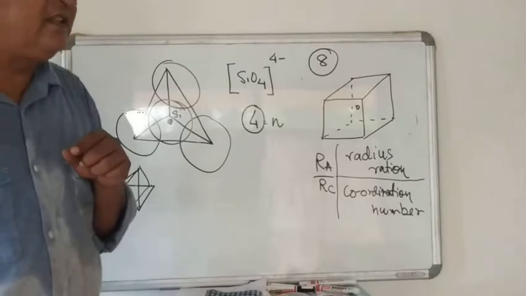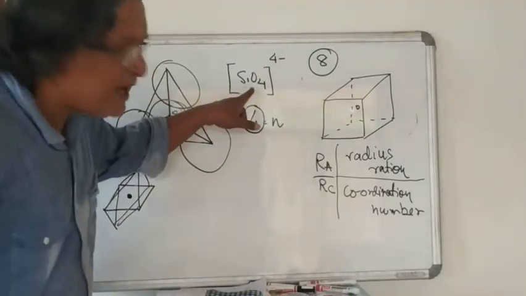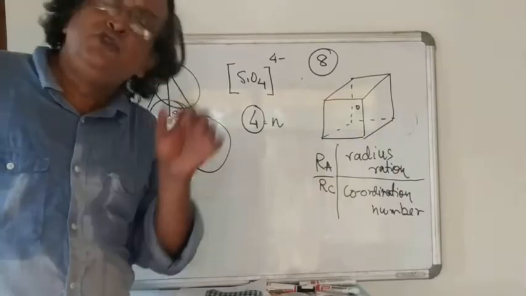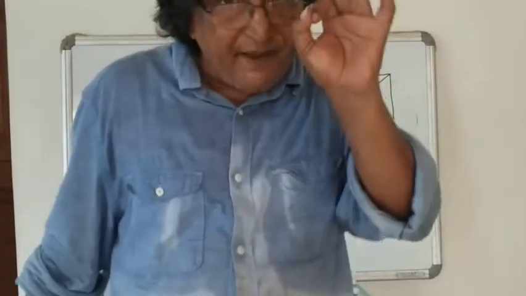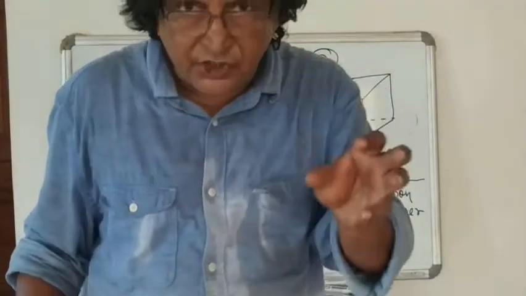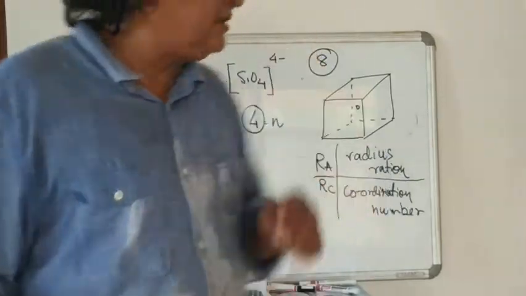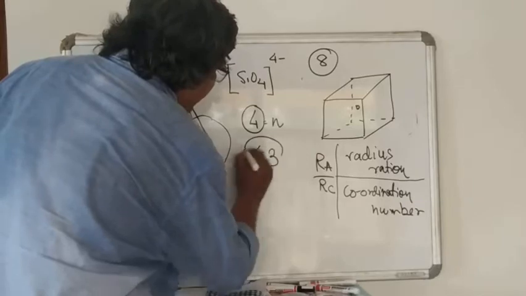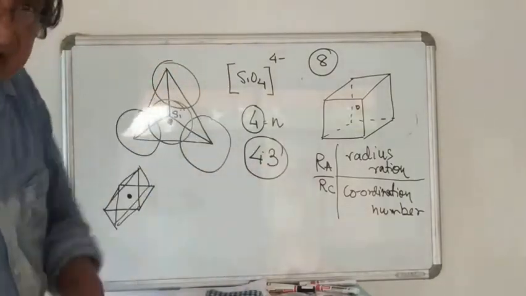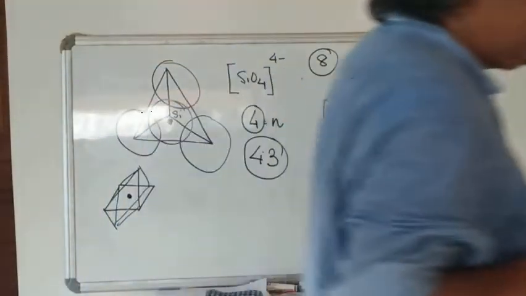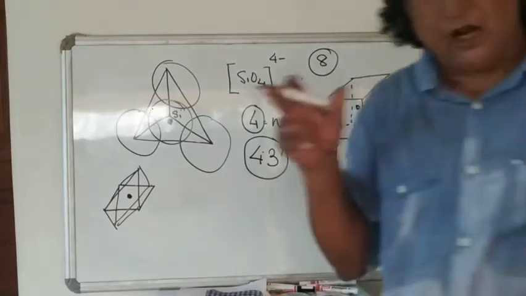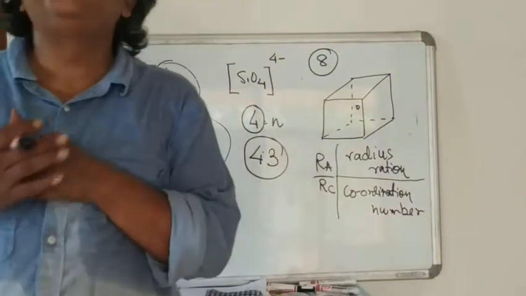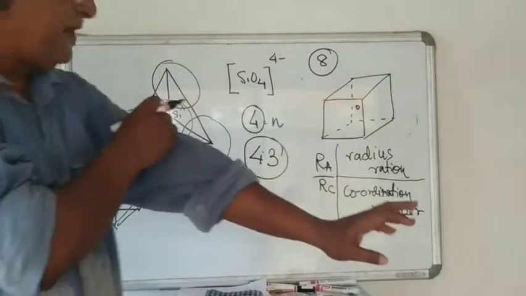Why I am saying this is because the SiO4 tetrahedron is not exactly a perfect tetrahedron. In crystals, in minerals and metal, the coordination number is 4.3, especially in SiO4 melts. The silicon-oxygen coordination number is not exactly 4, it's 4.3. So we have several pieces of information.